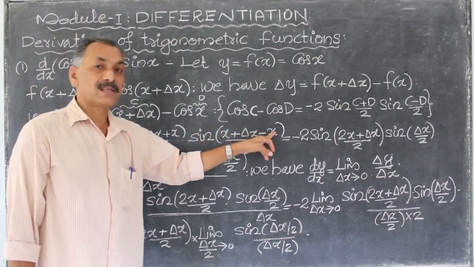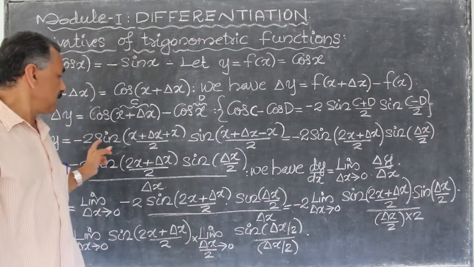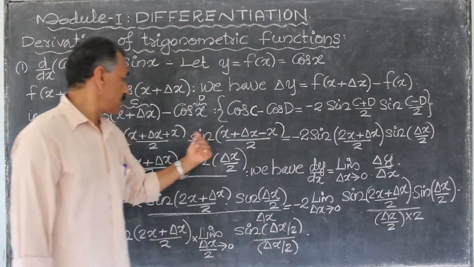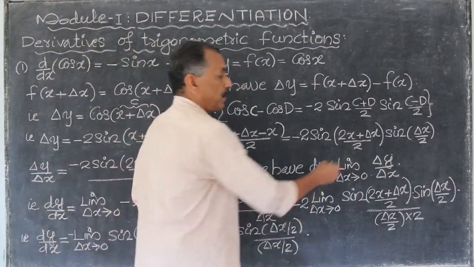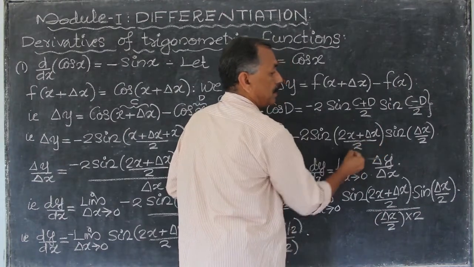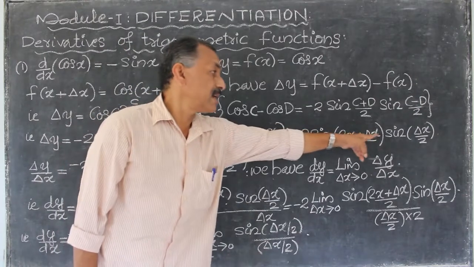Here x plus x is 2x. That is minus 2 sin of (2x plus delta x) by 2 into sin, and x minus x cancels, so sin of delta x by 2.